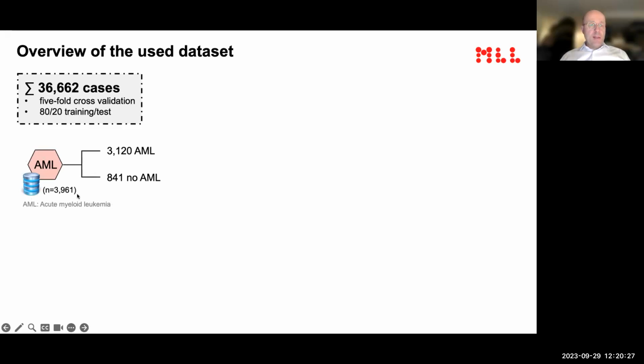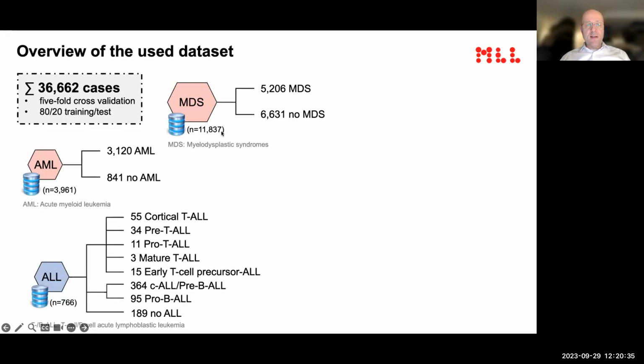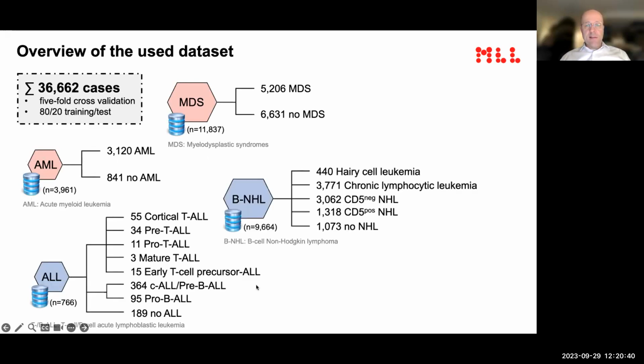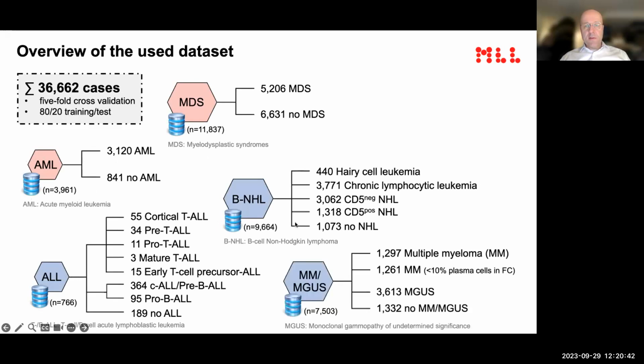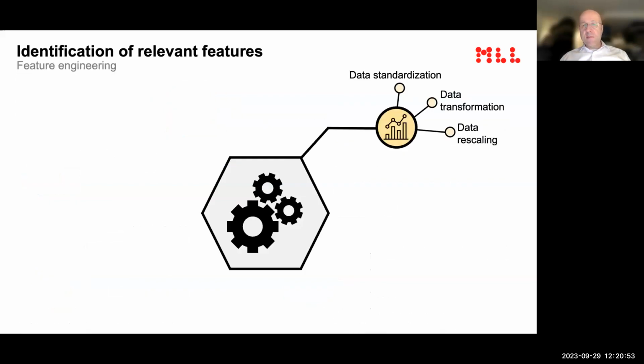Each panel consisted of cases being positive and negative, a total of 4,000 cases being analyzed for AML, 12,000 cases for MDS, 800 cases for ALL, then B-cell lymphoma, about 10,000 cases, and myeloma and related diseases, 7,500 cases, and T-cell lymphoma, 3,000 cases. And I would like to show you some of the results in a minute.